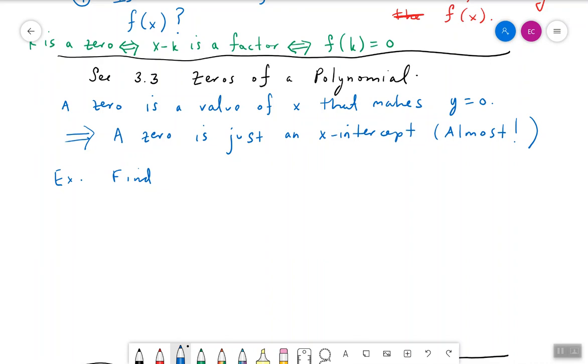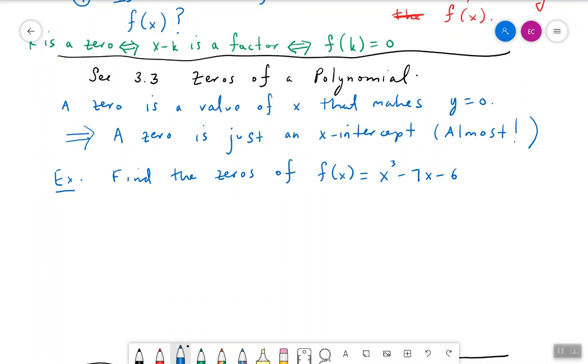This is actually an example that we worked in one of the videos in section 3.3, so you can go back and watch that again. So find the zeros of f of x equals x cubed minus 7x minus 6. This video might not be in section 3.3. It might be over in section 3.4. I don't remember, but you'll find it.